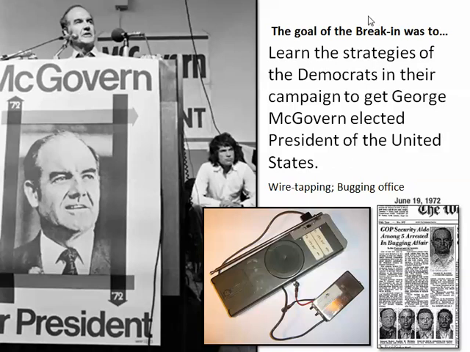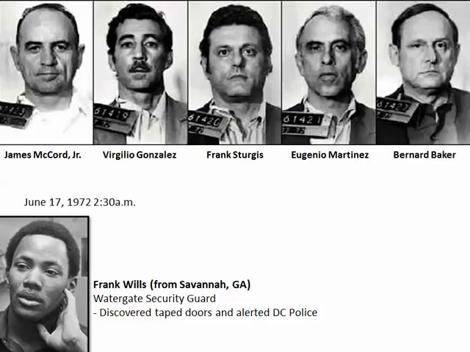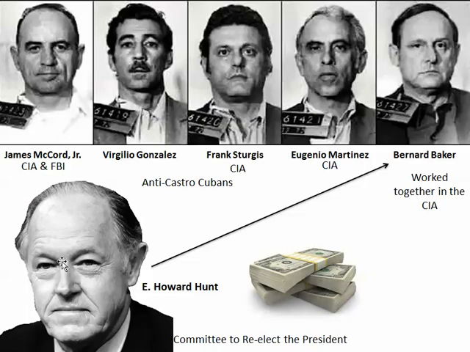So they were digging up dirt to use against McGovern, but also trying to find ways they can spin out of trouble. And so that's why they were tapping the phones and bugging the office. These 5 men were doing that, and this guy was paying them.